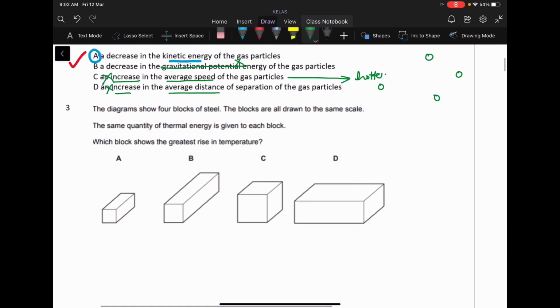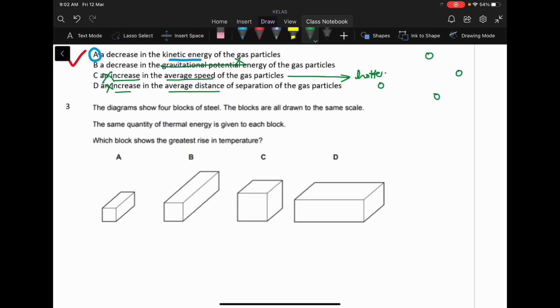Let's look at question number 3. The diagram shows 4 blocks of steel. The blocks are all drawn to the same scale. The same quantity of thermal energy is applied to each. Which block shows the greatest rise in temperature?